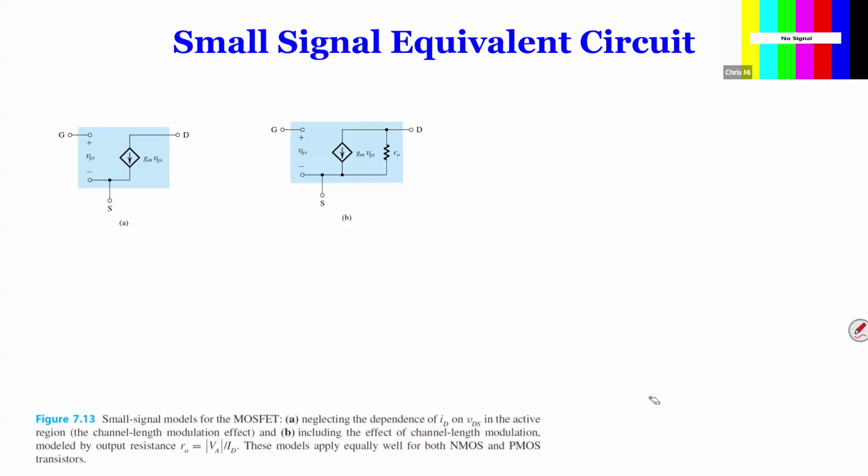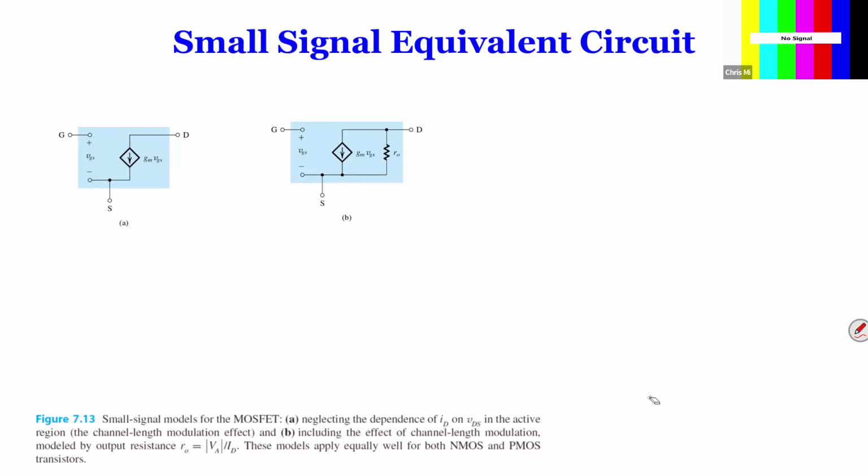When you go into chapter 8, like the current mirrors, often you don't have a load resistance. You use RO as the load, and that gives you a certain output at D.